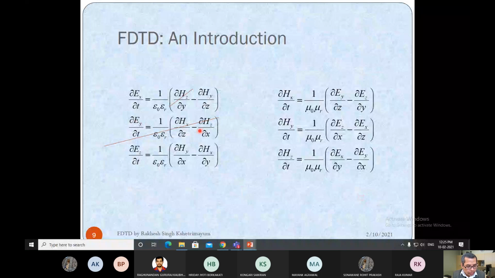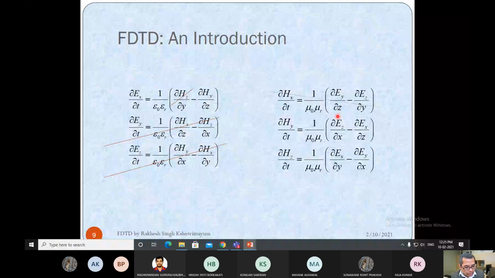We don't need to worry about this equation. Even this equation is not there because Ez is equal to 0, Ex exists, and the derivatives ∂/∂y and ∂/∂x are 0. The wave propagates only along the z-axis, so only this term will be non-zero.